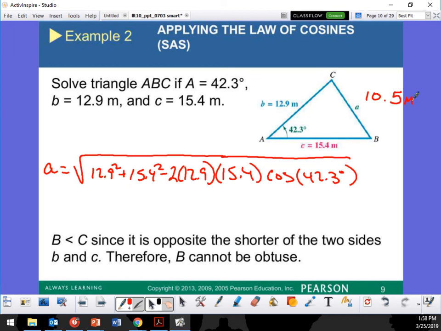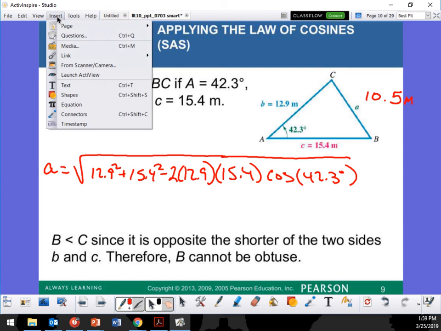I have little a, and I just need to solve for big B and big C. Now we're going to use the law of sines. Since I have big A and little a, I'm going to use that.